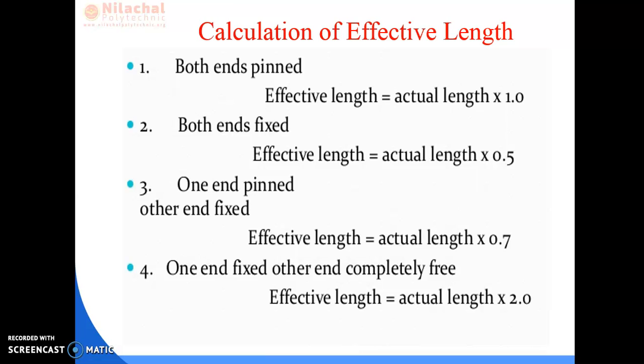Before calculation of the crippling load, we have to determine the effective length for each condition of the column. Effective length means the amount of buckling that takes place in the column.